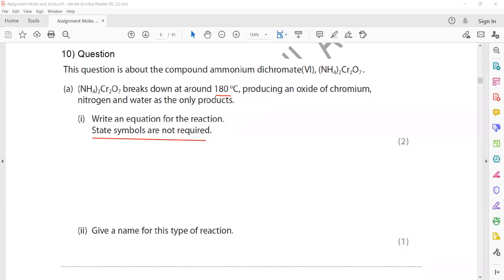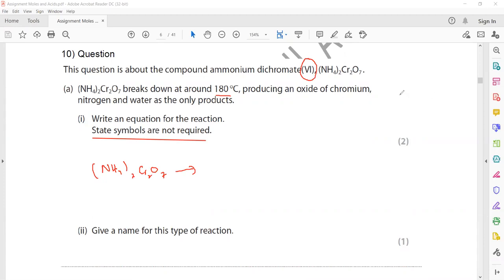As I mentioned, it decomposes to give oxide of chromium, nitrogen and water. So we have ammonium dichromate. So it gives nitrogen, it gives oxide of chromium. And what is the oxidation number of the chromium here in this compound? As I mentioned, it is chromium 6.